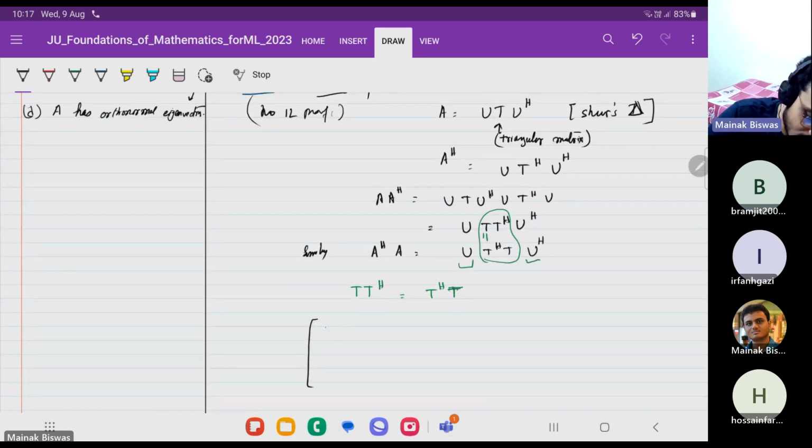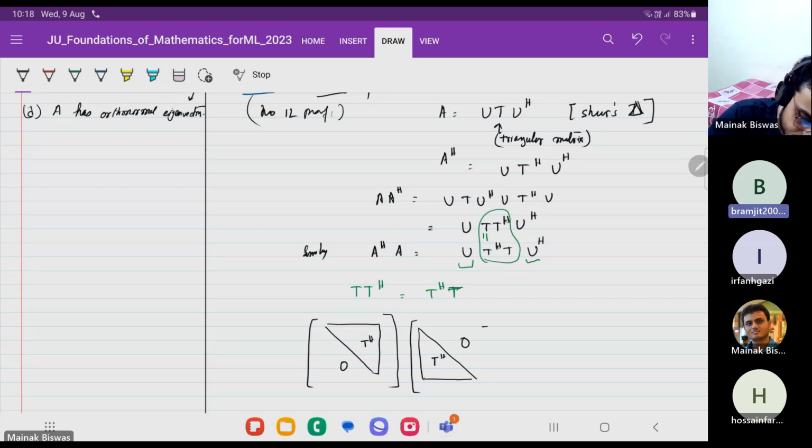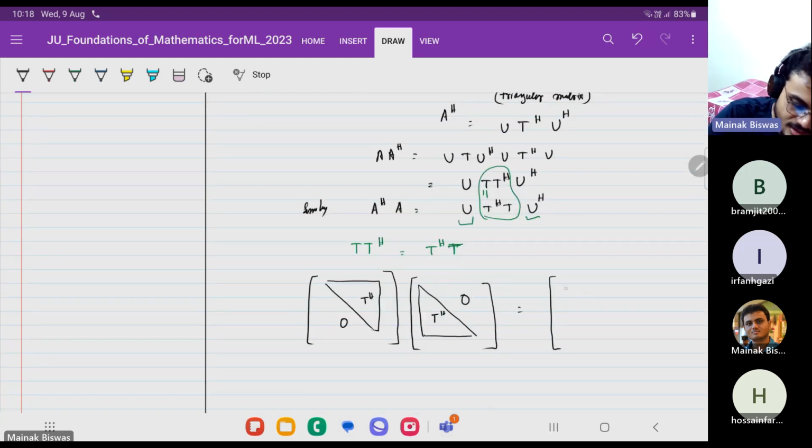So you have a triangular matrix, an upper triangular matrix. So what is the Hermitian of that? So we can say that T T Hermitian equals T Hermitian T, so T is normal, yes, but I will show you it is only possible in one case. Let's see when.